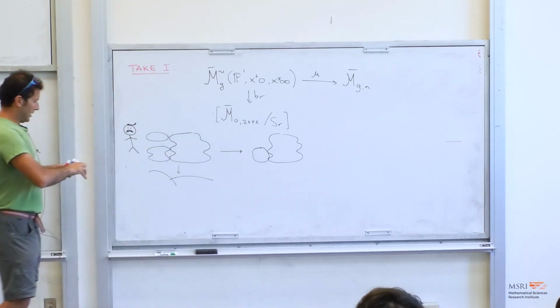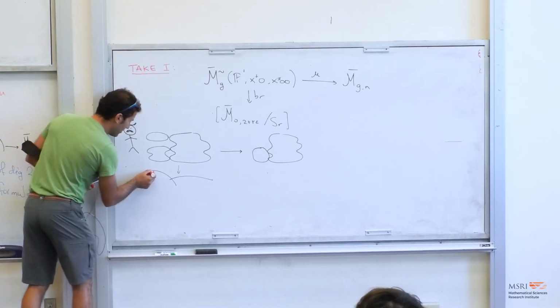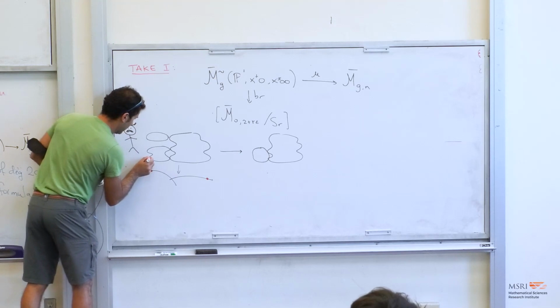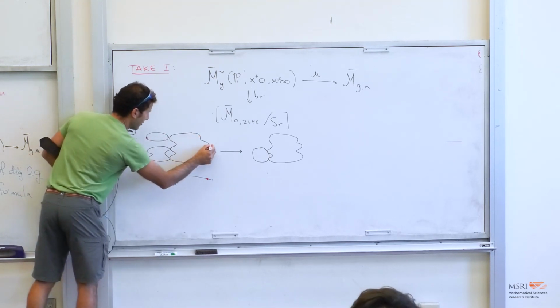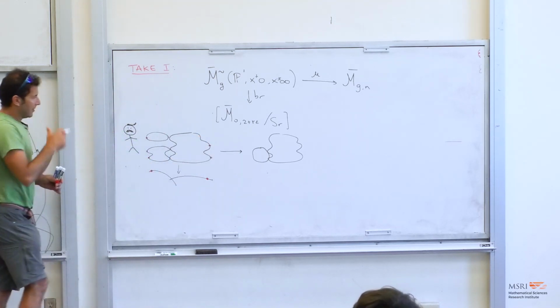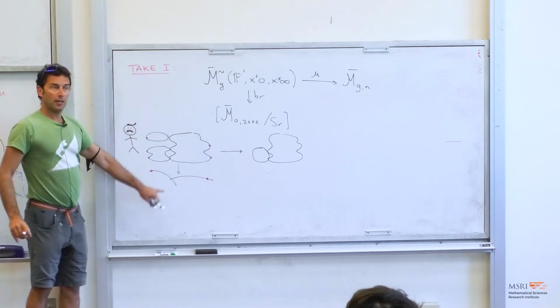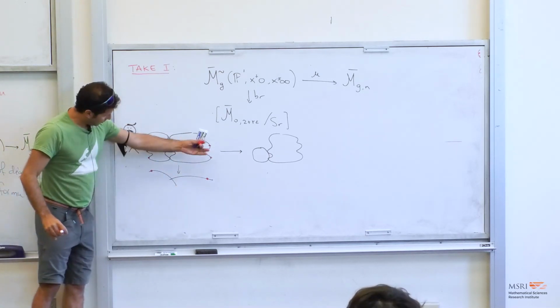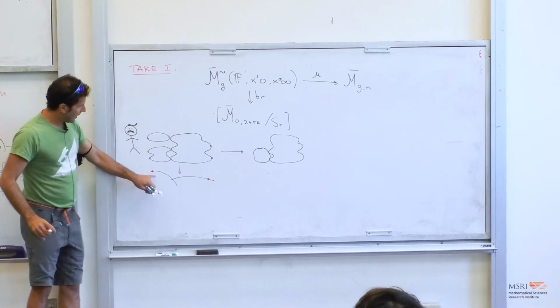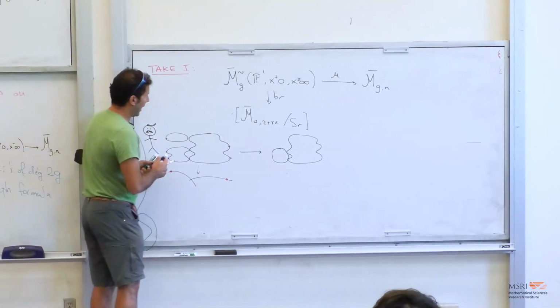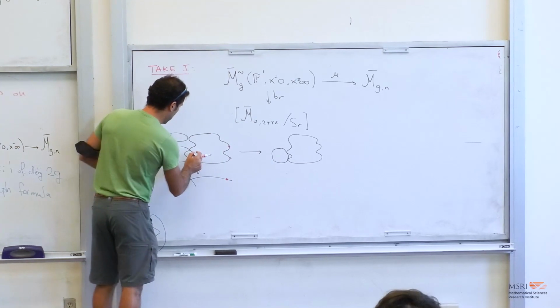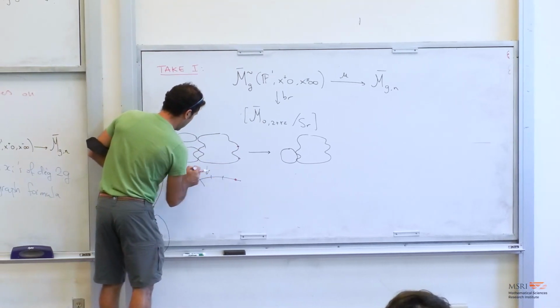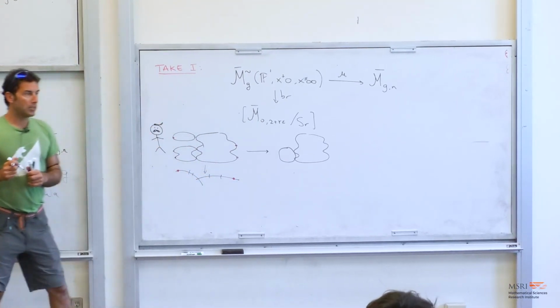So what's this? There is a general element in my moduli space of relative stable maps. If I just forget the top and look at the bottom, I see my element in the Losev-Manin space, where I keep track of the various branch points.